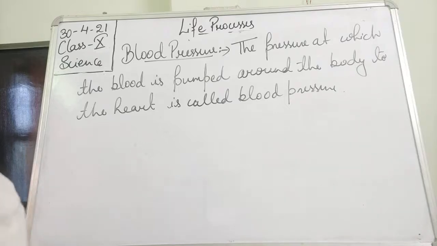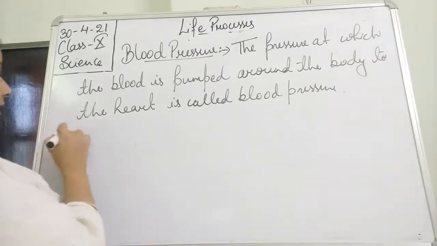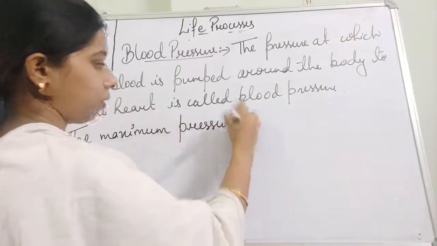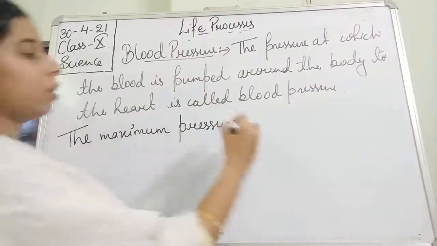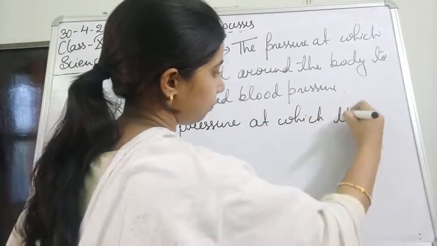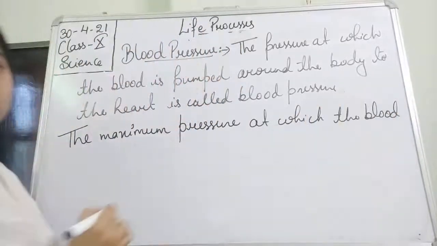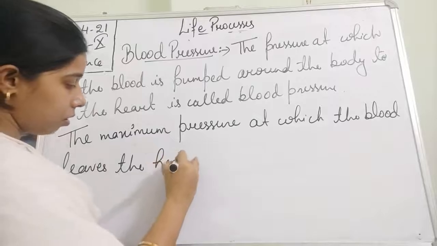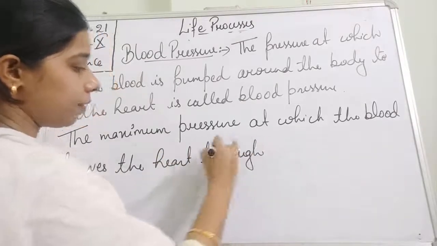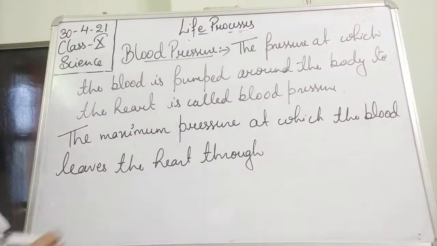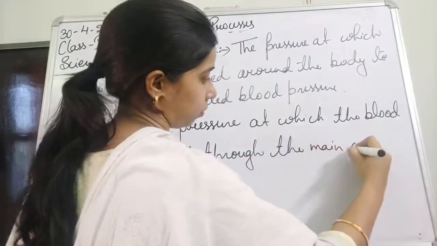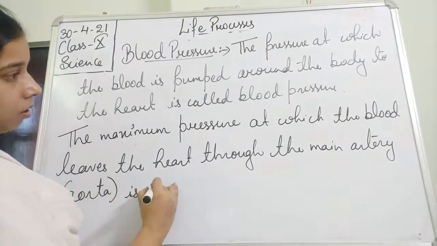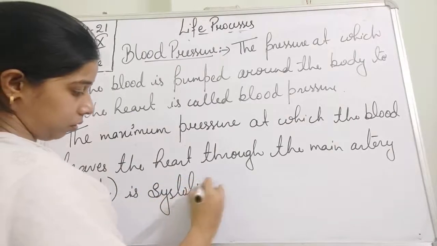So for this phase of the heart, we can write here that the maximum pressure at which the blood leaves the heart through the main artery, that is called aorta, is systolic pressure.